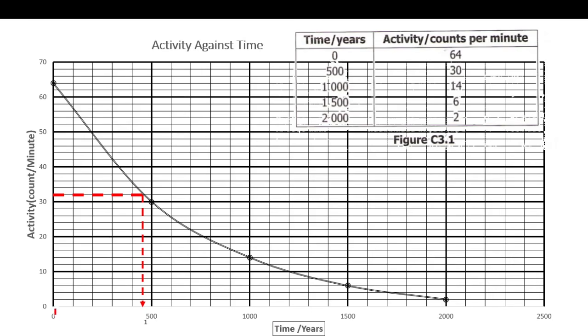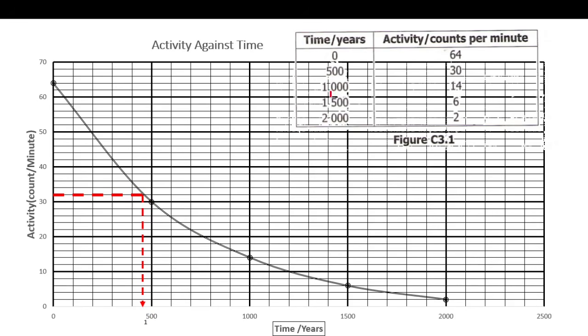So 0 is here, and I go 60, 62, 64. I put a point there. Then 500, 30. So I come to 500, and 30 is here. I put a point there.